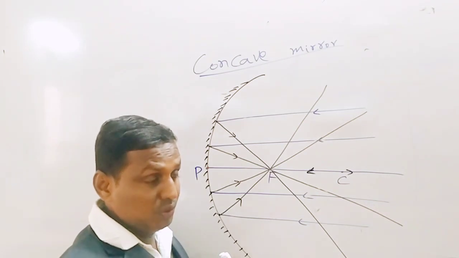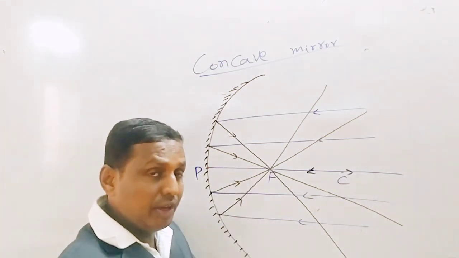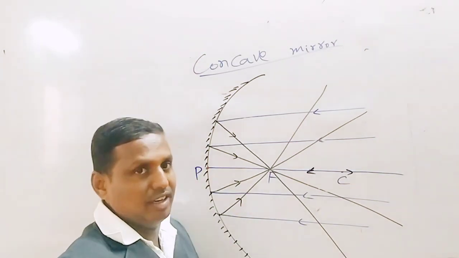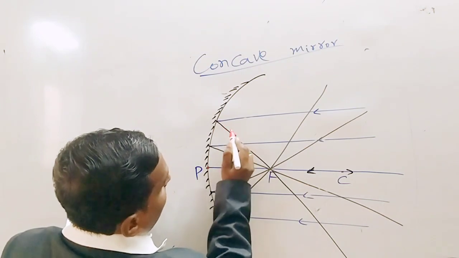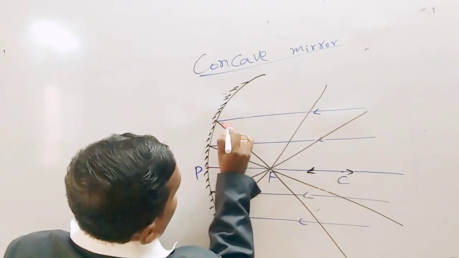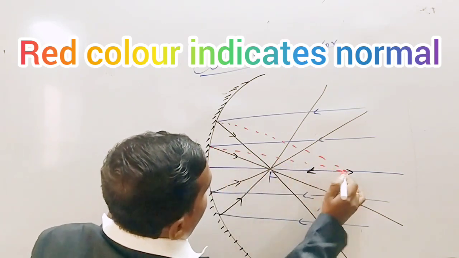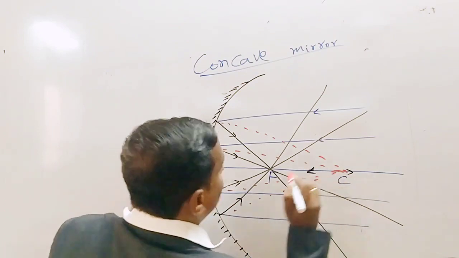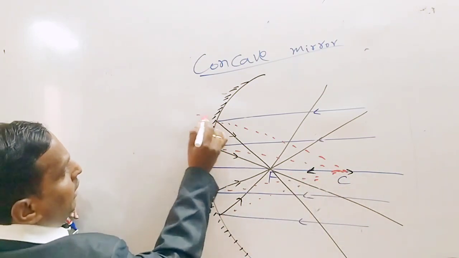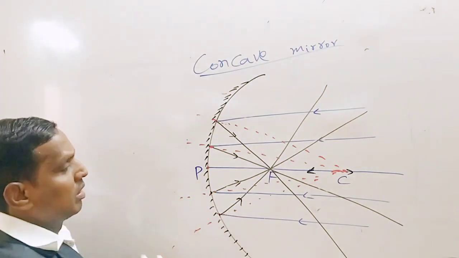Now, I already told you the laws of reflection. The normal is always between the incident ray and the reflected ray. So here we must draw the normals.